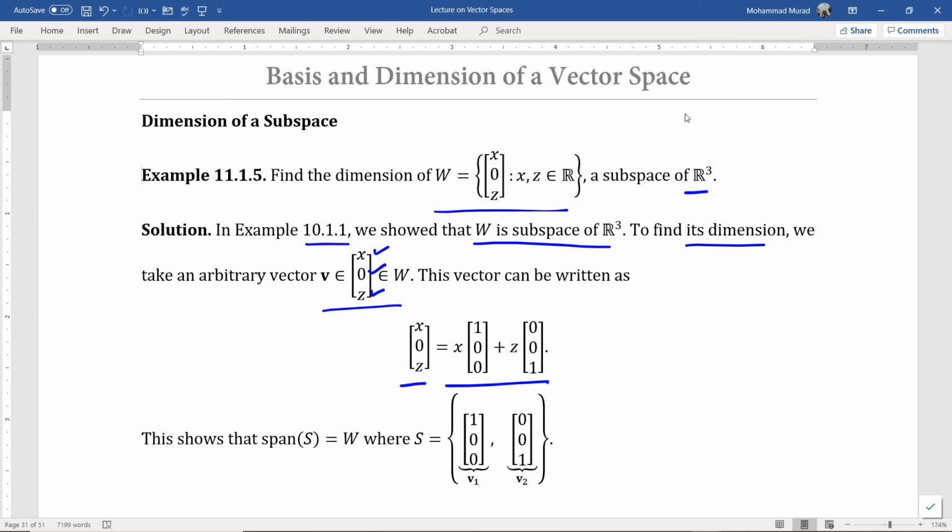This shows that any vector in the vector space W with components x, 0, z can be written as a linear combination of these two vectors. In other words, the span of the set S equals the subspace W, where S is the set of these two vectors.